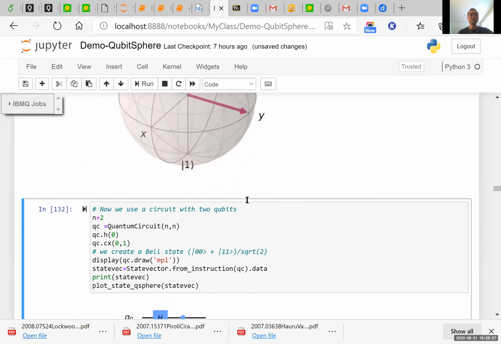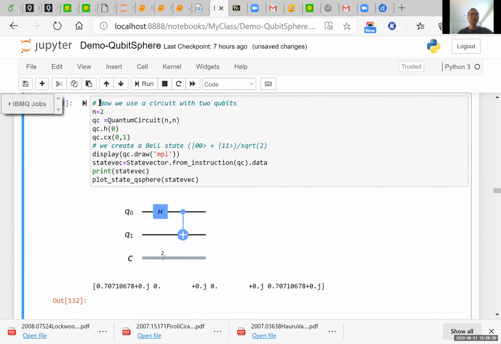And I can go on and use 2 qubits, because Qsphere allows you to plot more than 1 qubit. Suppose I have a quantum circuit with 2 qubits. I initialize all in the 0, 0 state. I apply a Hadamard gate to qubit 0 and a controlled-NOT gate on the first and second qubit.